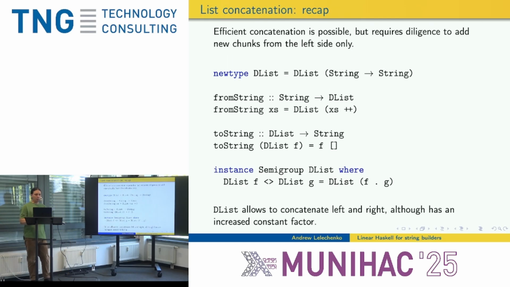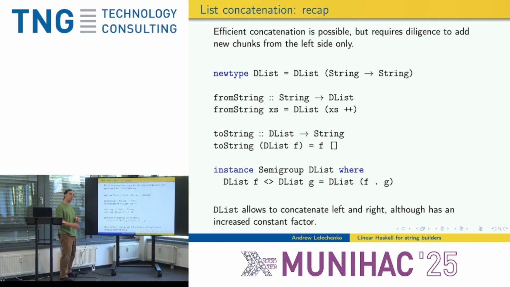And this trick is employed by so-called difference lists, where you say that your difference list is a function from string to string, and you can create a difference list from any string. You say that I just go and create a function which prepends this XS, and that I can convert any difference list to a string, simply supplying an empty string here.